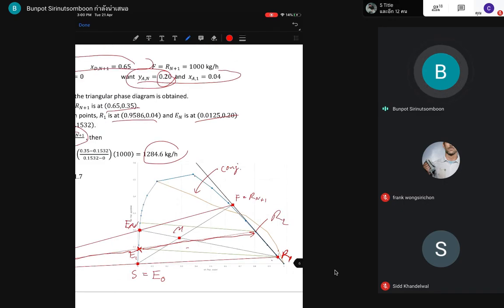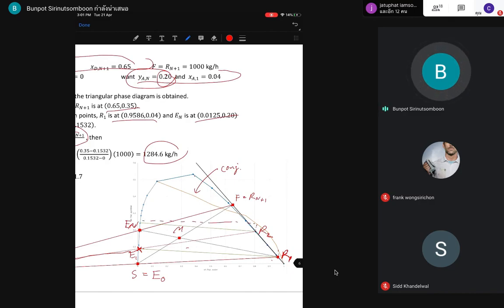Okay, this point is R2. And then again, I use the conjugate line to find the other side.